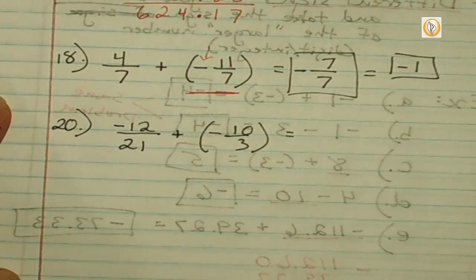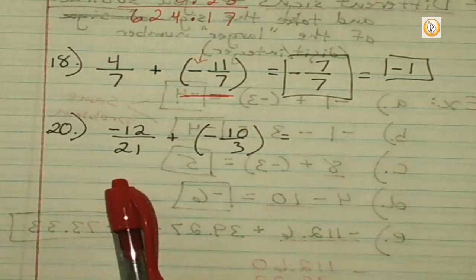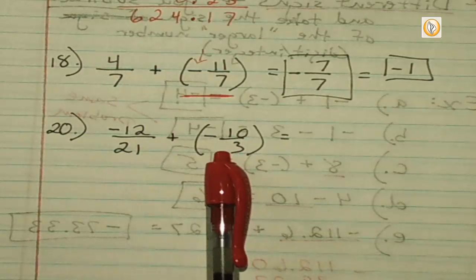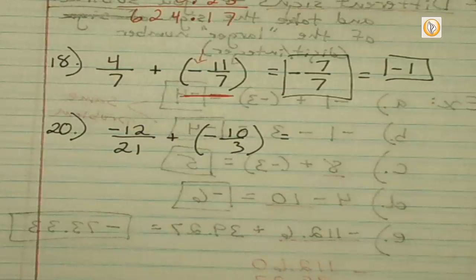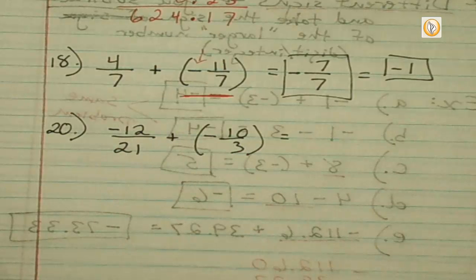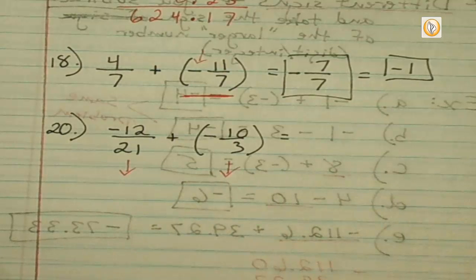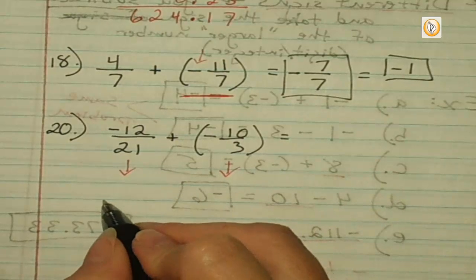Okay, so Valeria, quickly write down 18 and 20. If the signs are the same, this is a negative and this is negative, do we add or subtract? There you go. We're going to add because this is a negative and this is a negative. What is the first thing I need to do, though, is get what? Common denominator.